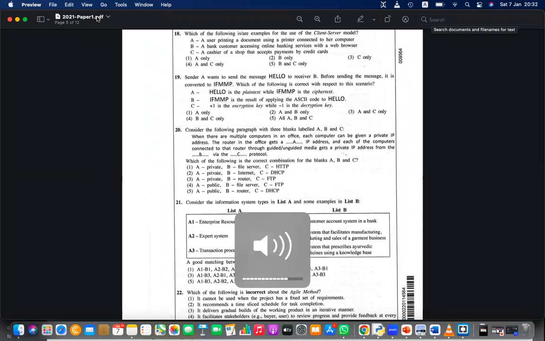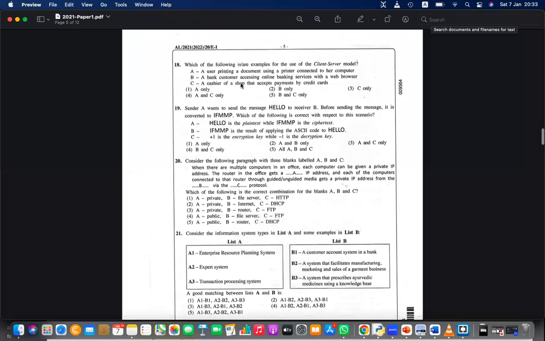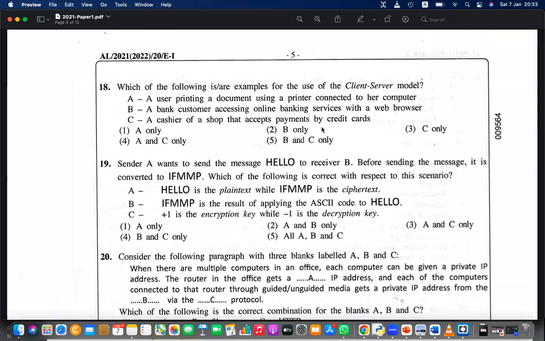Okay, question number 18. Which of the following is an example of the client server model? A user printing a document using a printer connected to her computer. That is not client server. That is just a peripheral. Peripheral means just an input or output device connected, right? A bank customer accessing an online banking service with a web browser. Yes, because the online banking service is on the web server.